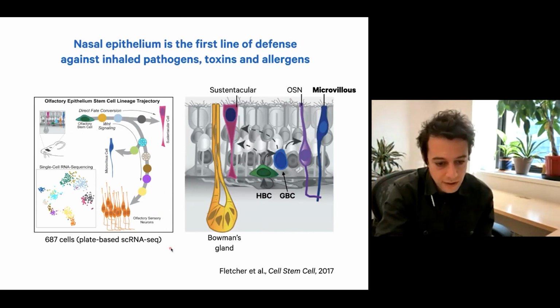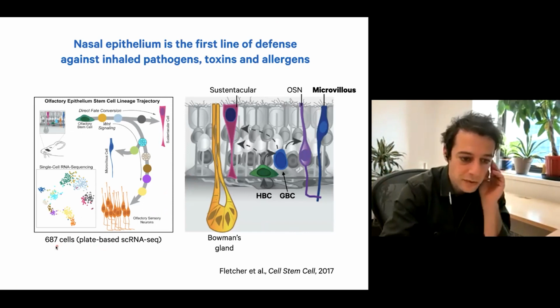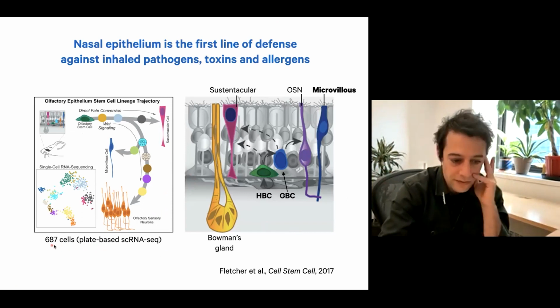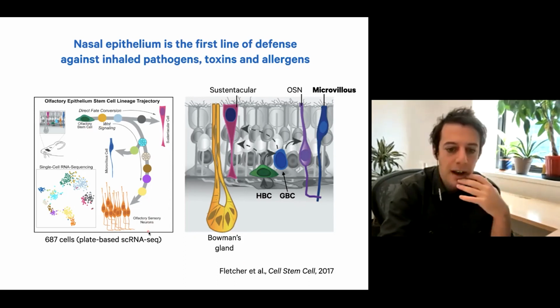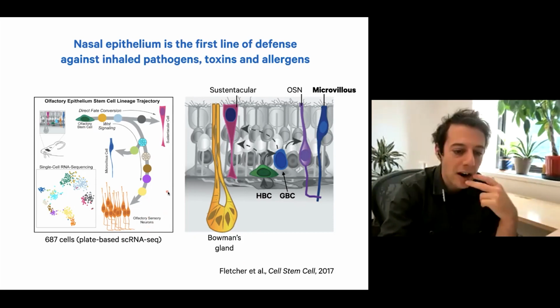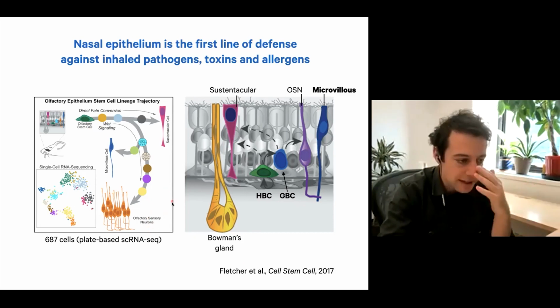So there was this study that used single cell seq, the plate-based technology, which was able to sequence 700 cells in 2017, and they sort of mapped out this trajectory from the olfactory stem cell to the olfactory sensory neurons, or OSNs, which actually mediate olfaction. But a lot of the cellular diversity here was not yet characterized.